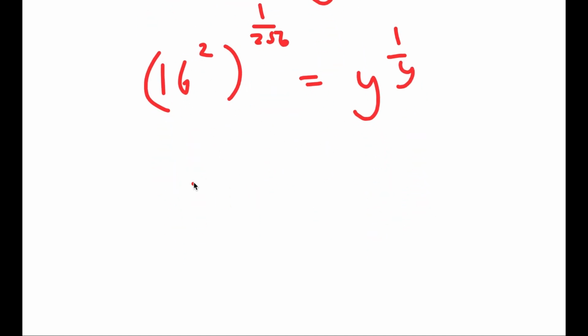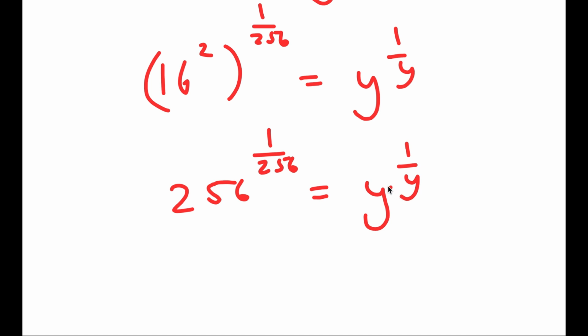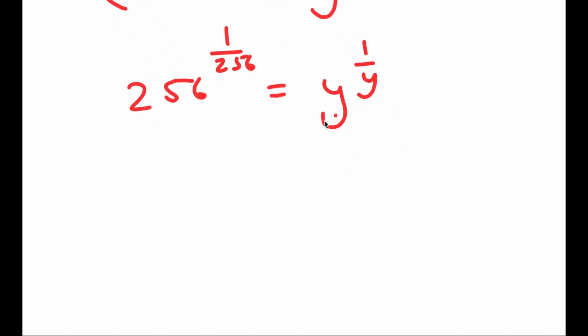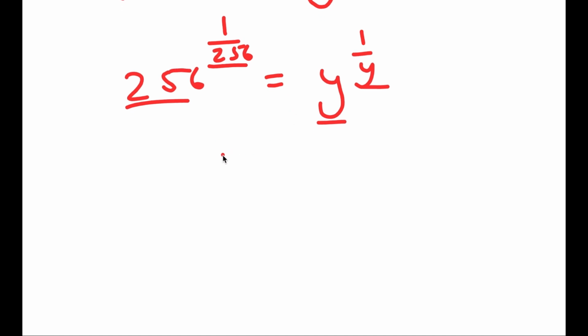Now 16 squared is 256, so I get 256 to the power of 1 over 256 is equal to y to the power of 1 over y. And now, because these two are the same and these two are the same, this simply means that y is equal to 256.